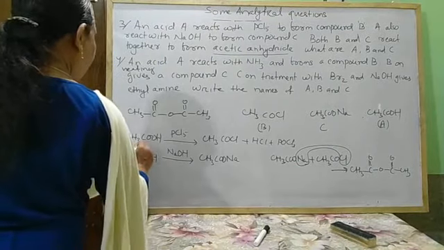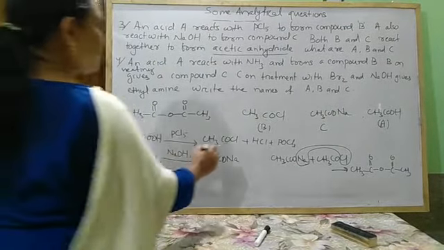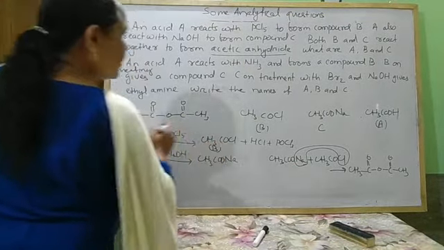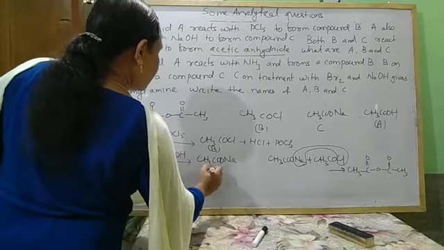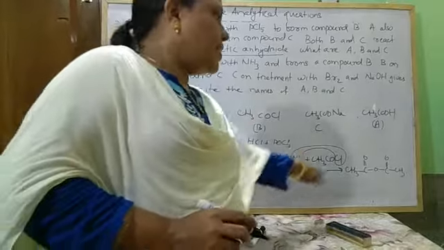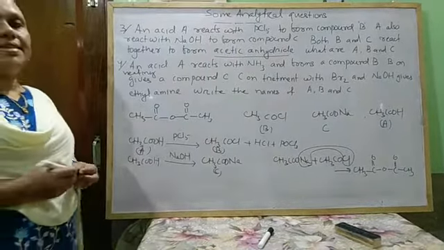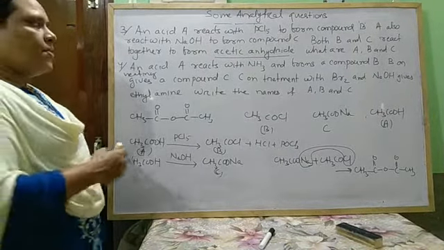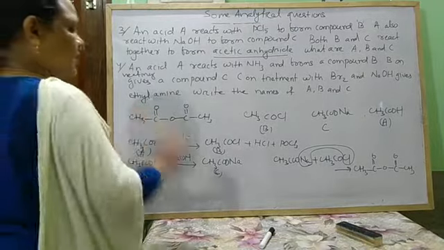Okay, so A is acetic acid, B is acid chloride, C is sodium acetate. When these two react, it forms acid anhydride. Okay, next come to next question.